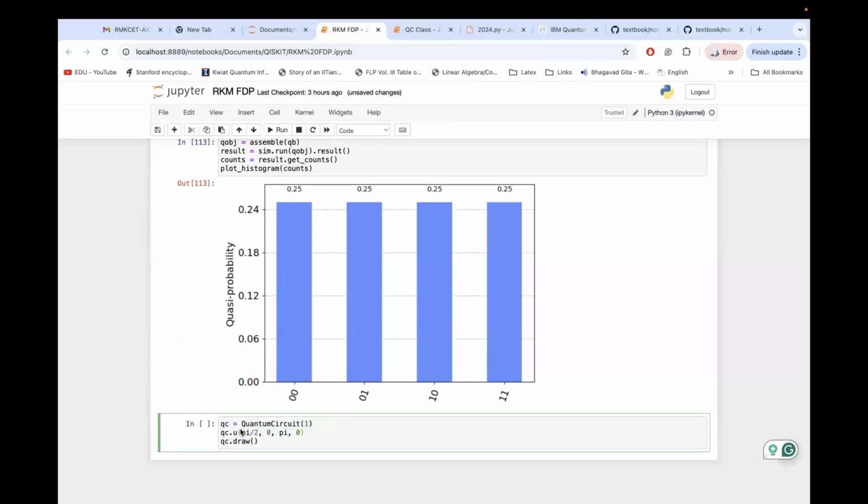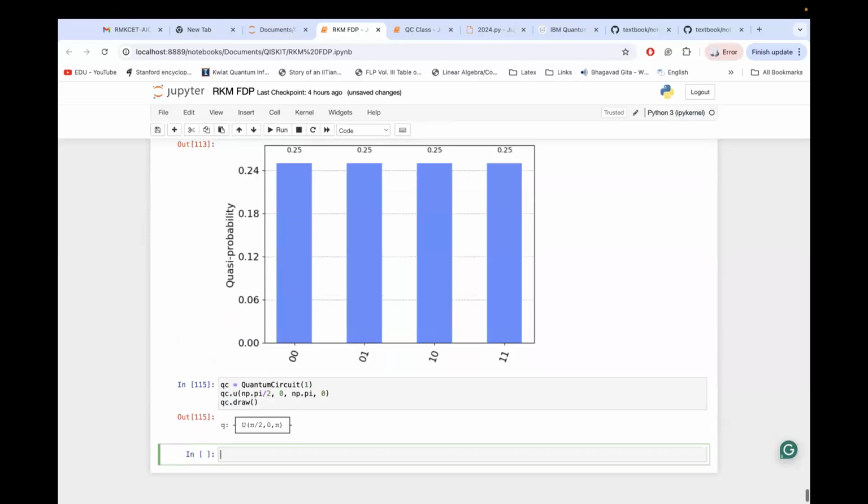We have to use the numpy package, np.pi. So theta is pi by 2, phi is 0, lambda is pi. And what is this last 0? This 0 tells you which qubit you are going to operate on. Since we are dealing with only one qubit, we have to use 0 here. And it is going to draw the circuit. And we can use mpl here.